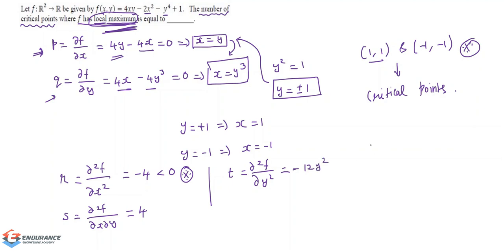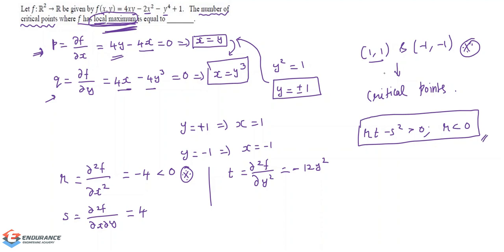Now I can conclude the critical points to be maximum when rt minus s square is greater than 0 and r is less than 0. If these two conditions are satisfied, then I can conclude those critical points correspond to maxima.